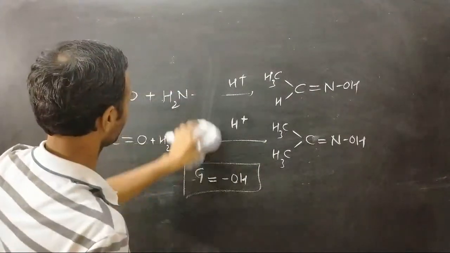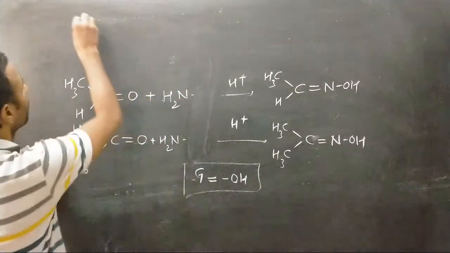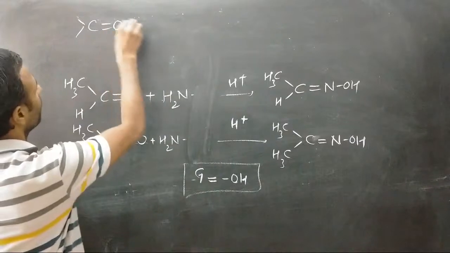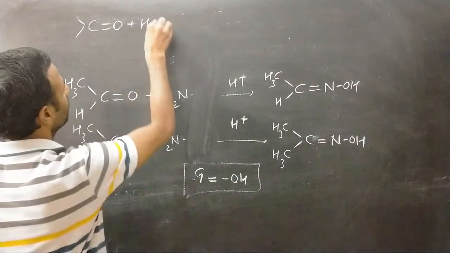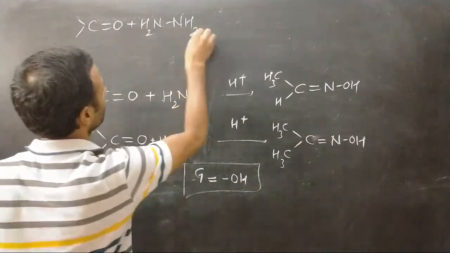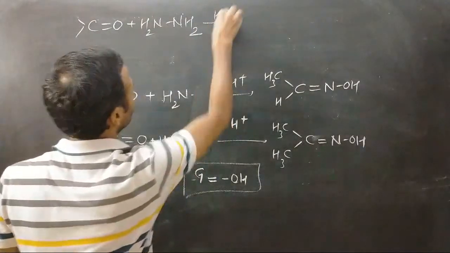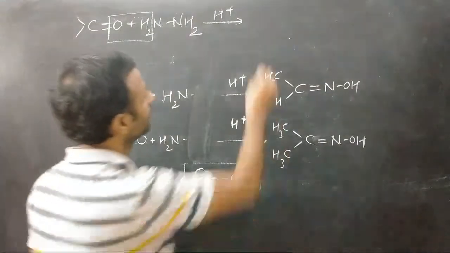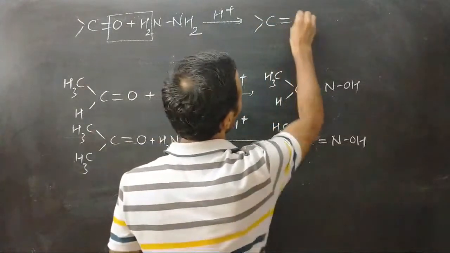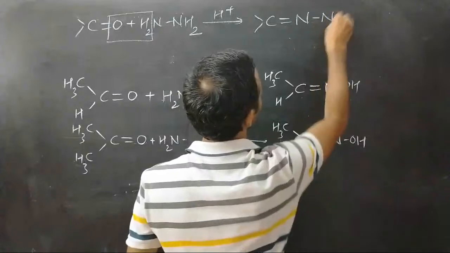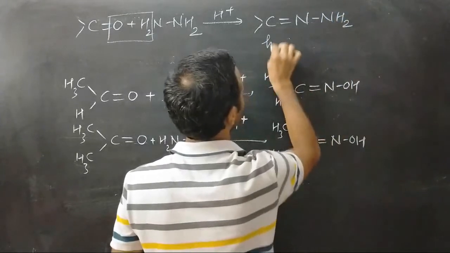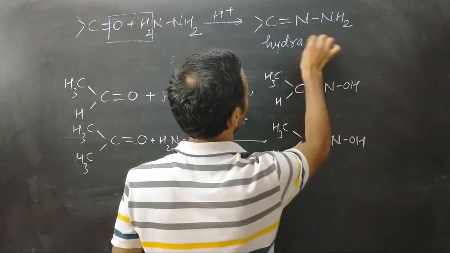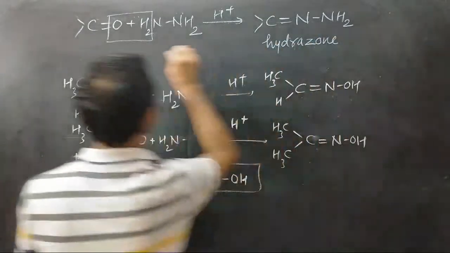On reaction with hydrazine, NH2 is removed, so we get C double bond N NH2, which means we get hydrazone. This is hydrazine.